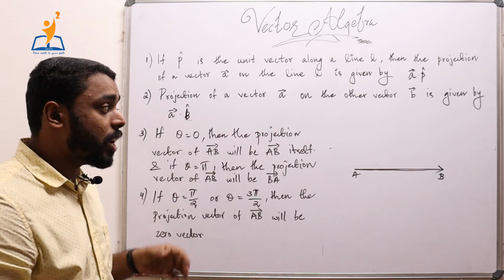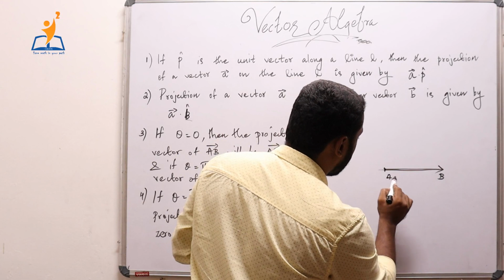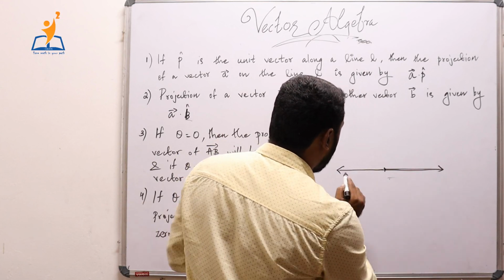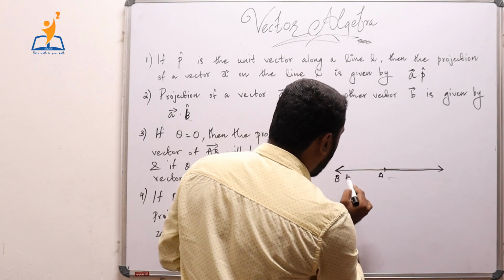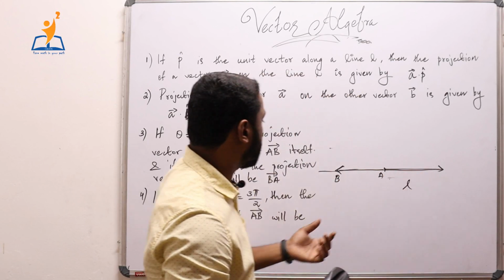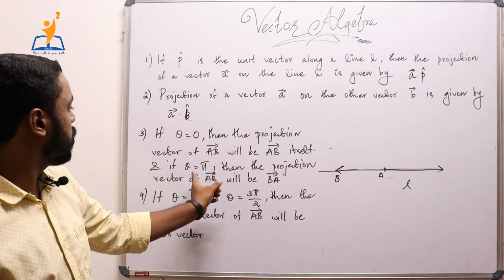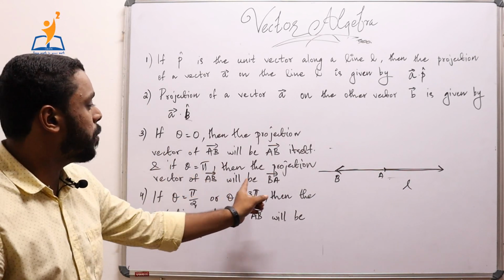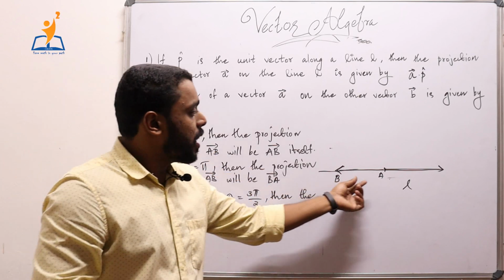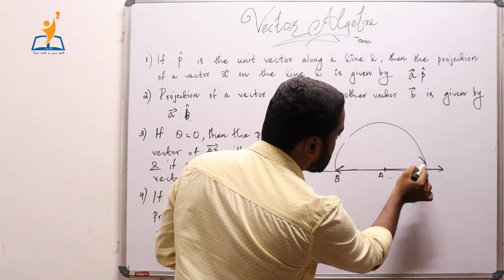If theta is equal to pi, which means that we have to project a vector. Suppose that this is our vector AB and this is the directed line segment. We want to project this AB onto the directed line segment like this. Then if theta equal to pi, the projection of the vector AB will be minus AB. Minus AB is nothing but BA, because AB should be projected onto this line segment, which means that we have to transform this line to here.